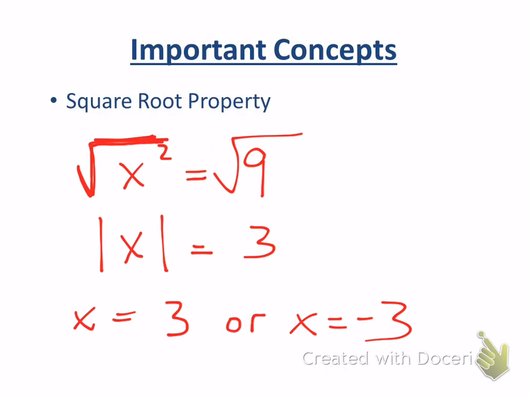So the definition of the principal square root leads us to absolute value here, which leads us ultimately to the positive and negative square root of the number. So the square root property says if x squared equals b, then x has to be the positive or negative square root of b, whatever that number is.